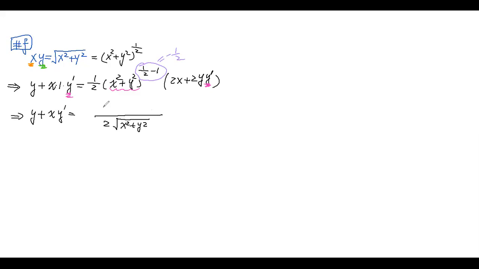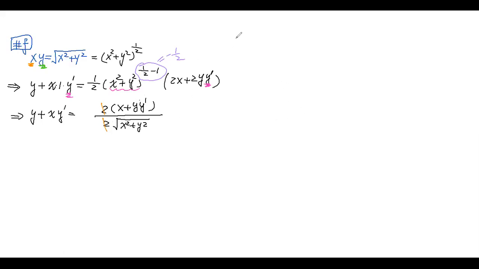And then here I can factor the 2 out, so this is x plus y y prime. After I factor, this one I can cancel. So far so good.